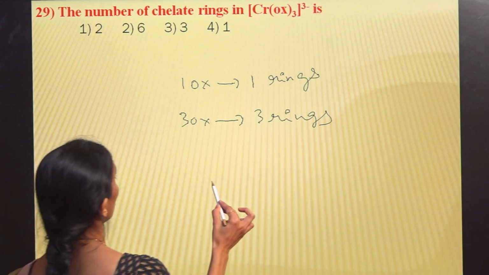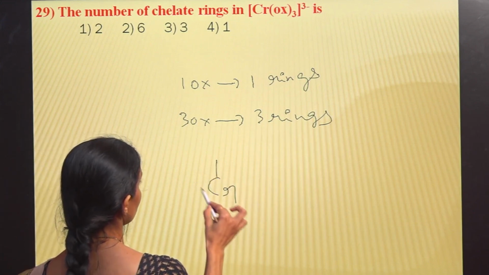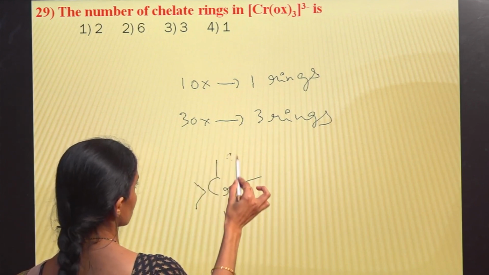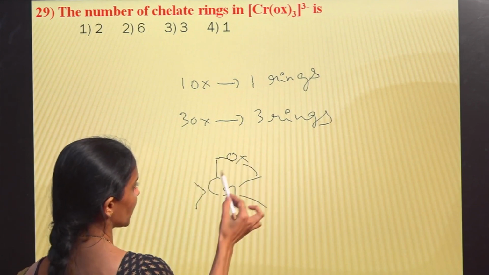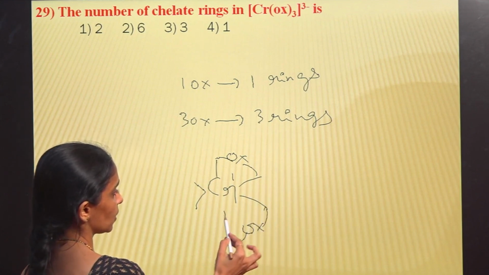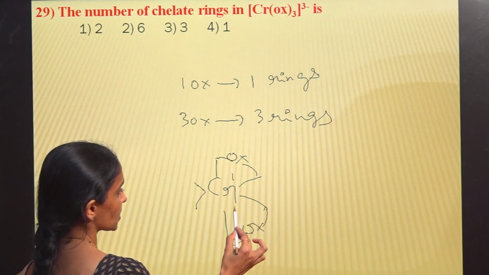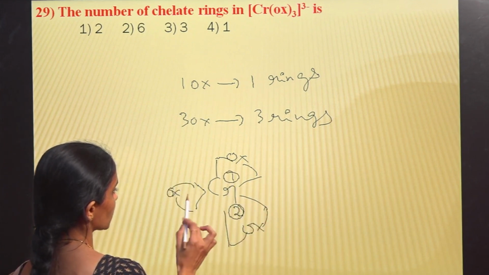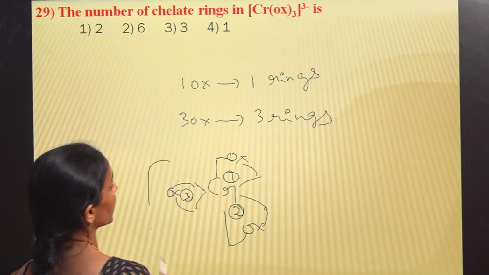How does the complex appear? This is chromium. It's an octahedral complex. So, one ox comes here, one ring. Another ox comes here, a bidentate ligand. Two bonds are formed. This is another ring, ring number 2. And here comes the third ox. This is the third ring.